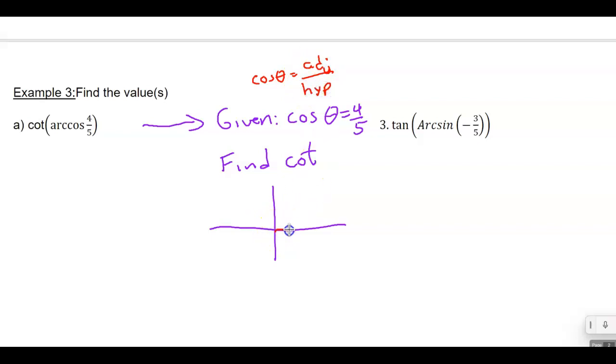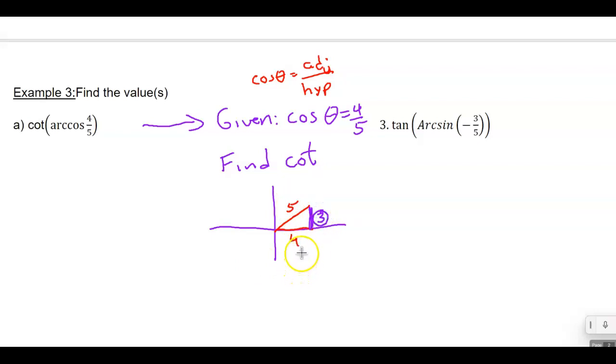So that means our run is 4. Our hypotenuse is 5. And then you can always do the Pythagorean theorem to find out what the missing value is. In this case, by now, hopefully we're good at identifying, well, we see 4 or 5, we know the missing side is 3.